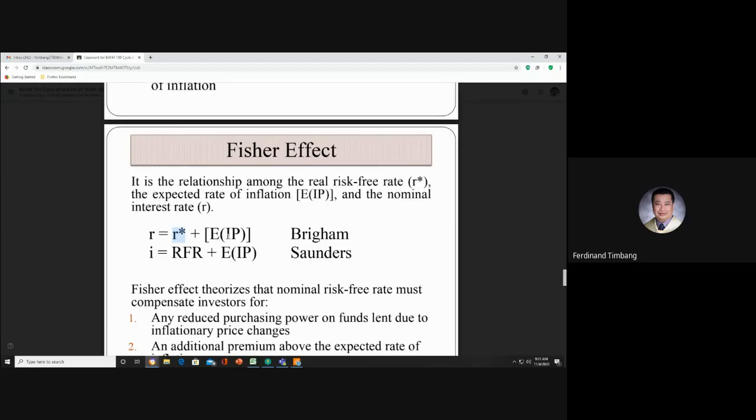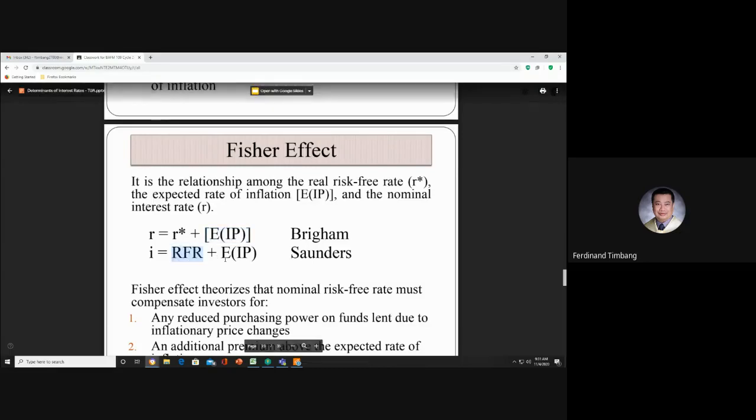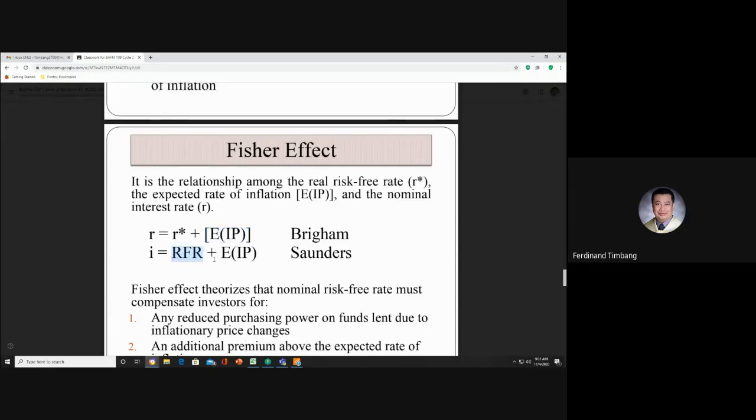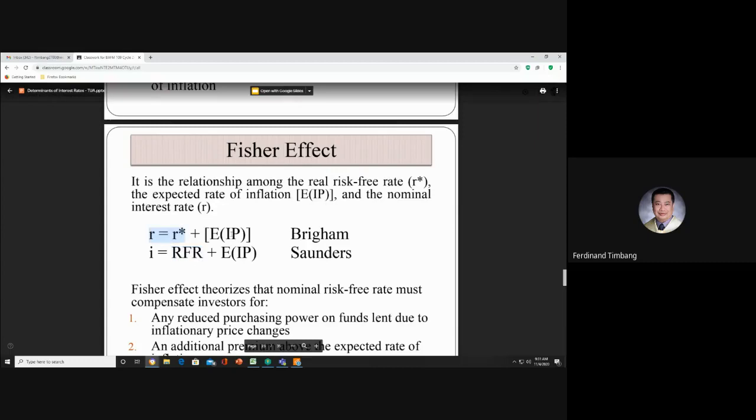So meaning, wala pa talaga yung inflation dyan. Nandito pa lang yung inflation kay Brigham. Pero kay Saunders, ito yung sinasabi niya. But maybe he gave a different definition for the RFR na to. But I think this is more applicable yung nasa formula ni Brigham.